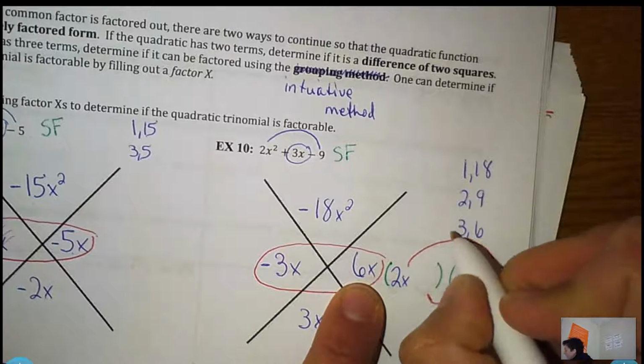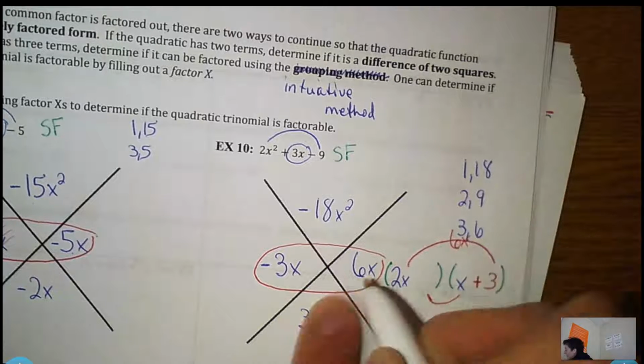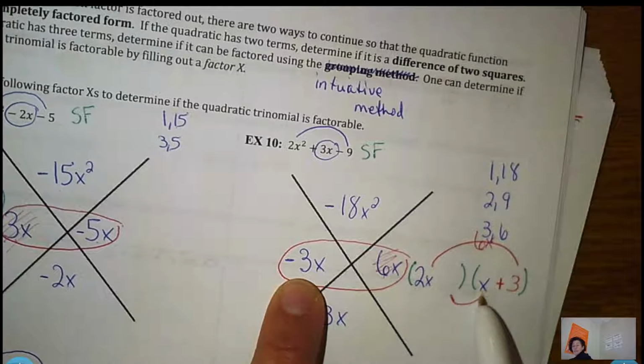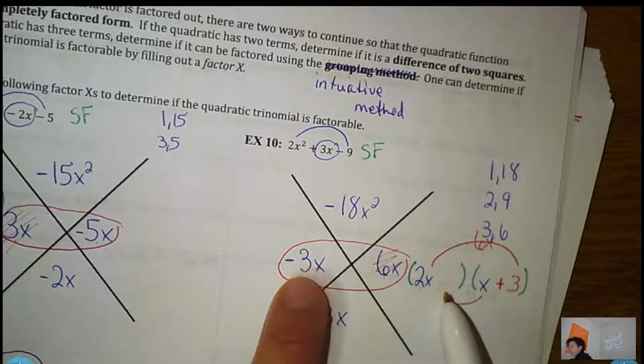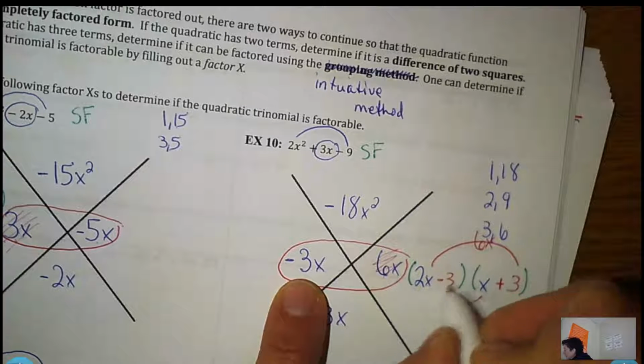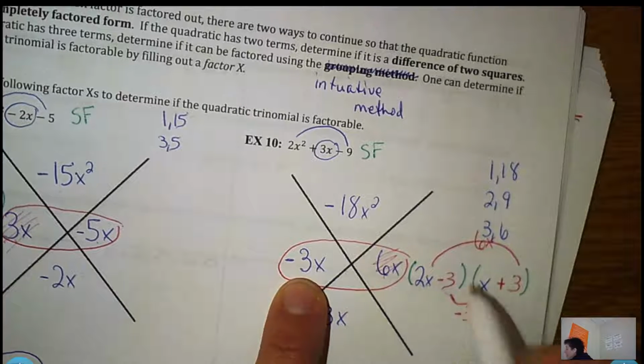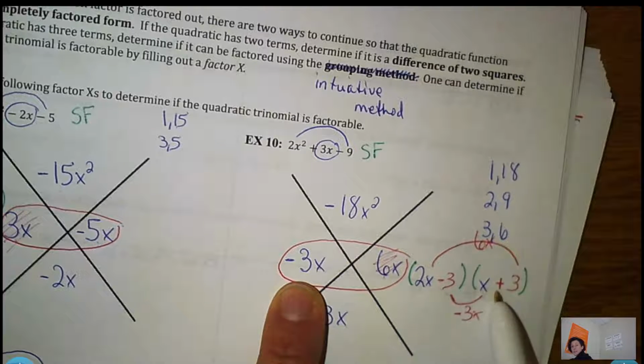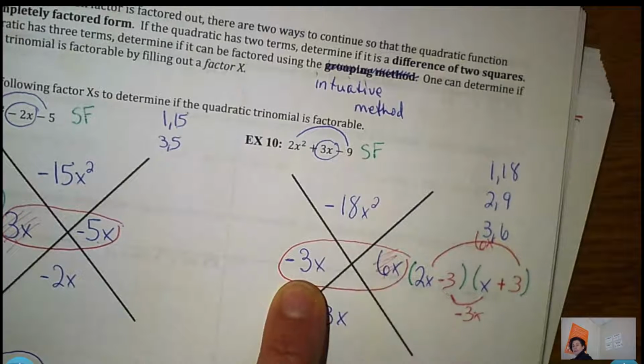So 6x is taken care of. Then I ask myself, can I take x, multiply, distribute, meet, to get negative 3x? That would be a negative 3. You can see how both loops get me these numbers. And now you have your neighbors. When 2x minus 3 meets x plus 3, you will get back to this.